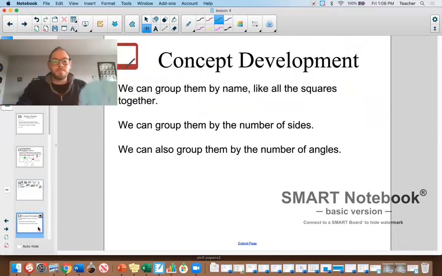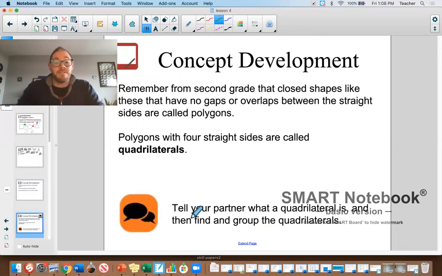Okay. So we can group all these shapes by name, like if we put all the squares together. We can group them by the number of sides they have, and we can group them by the number of angles that they all have. If you remember way back from 2nd grade, that closed shapes like these have no gaps or overlaps between the straight sides, and they are called polygons.